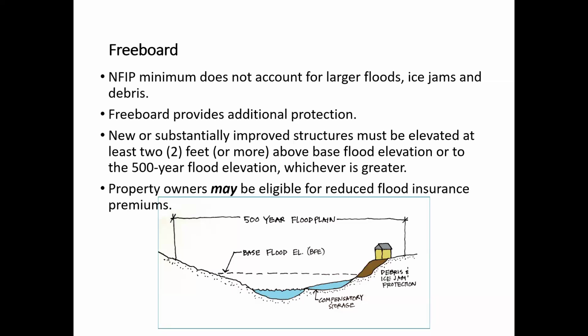Now, an important piece of this is that we're showing these pictures of the use of fill, assuming a residential structure. There are different rules for floodproofing commercial structures, and also different rules for structures that are just for storage.